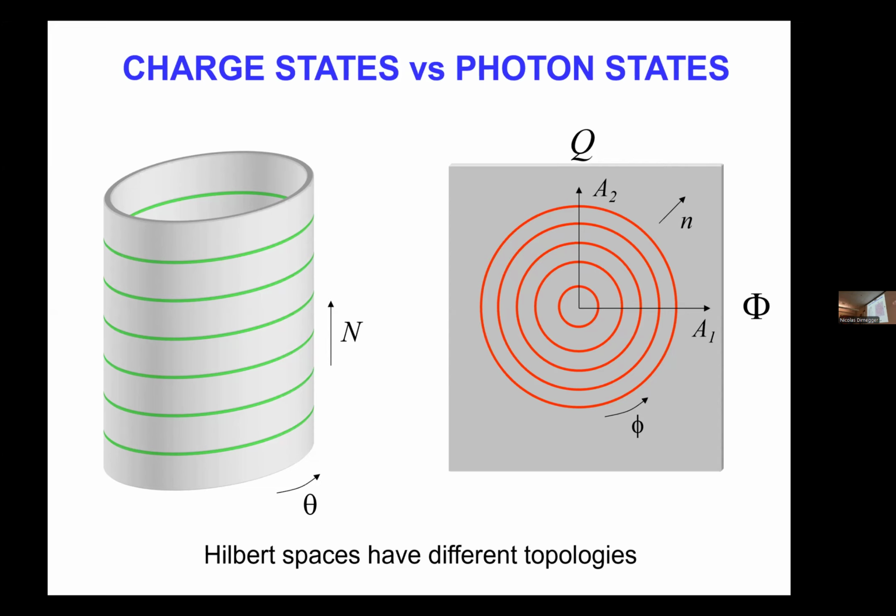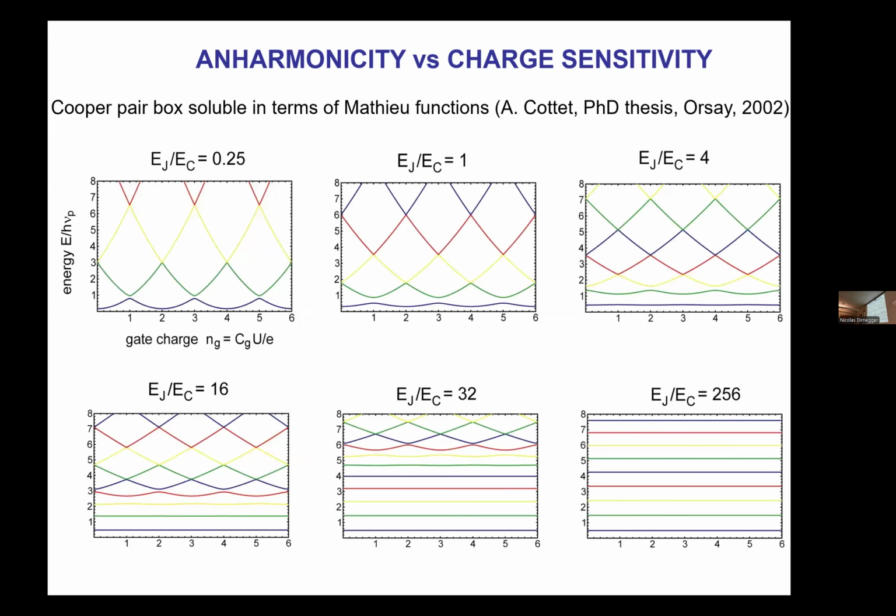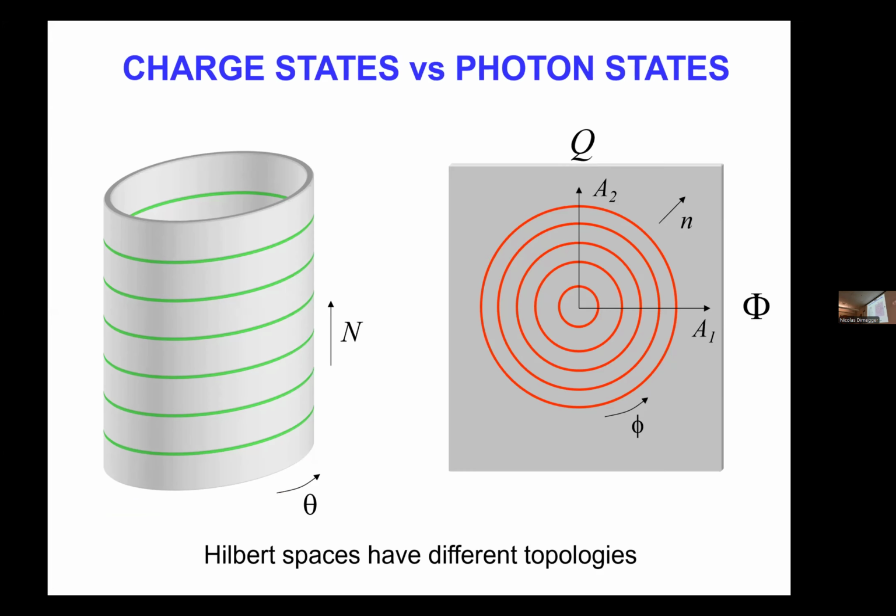There are no negative values for the photon numbers, whereas the number of Cooper pairs that have crossed the tunnel junction can be both positive and negative. So a little bit of caution is needed here.